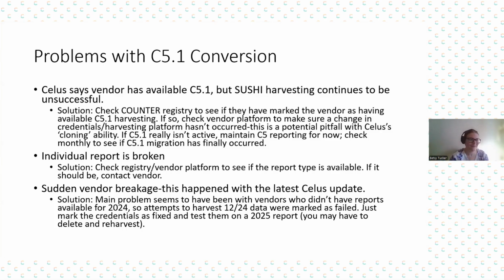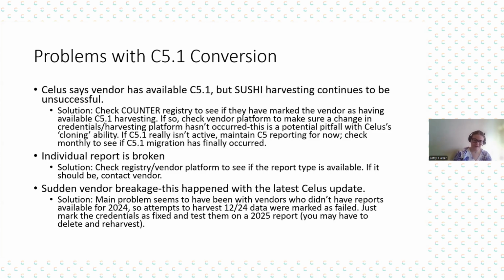And at the time, CELUS seemed to mark that as not a huge problem. It was harvesting data successfully for 25, and they were going to ignore 24's problematic harvesting. But those attempts were marked as failed, and somehow, I think with the new update, that translated into those credentials being marked as broken. So in that case, I marked the credentials as fixed.